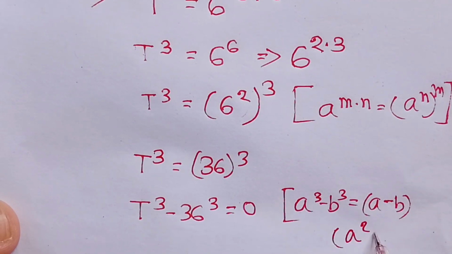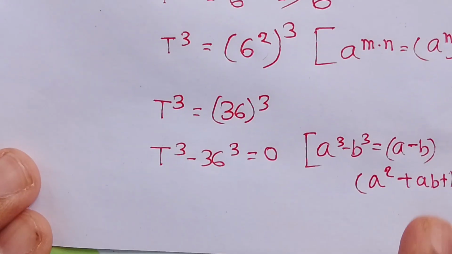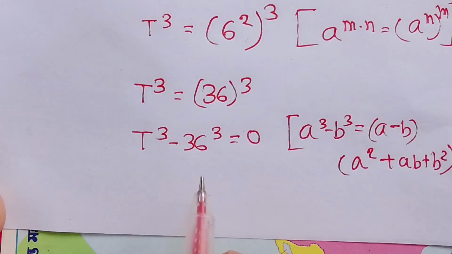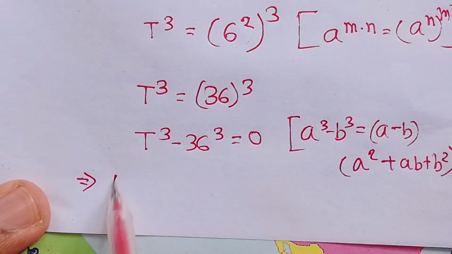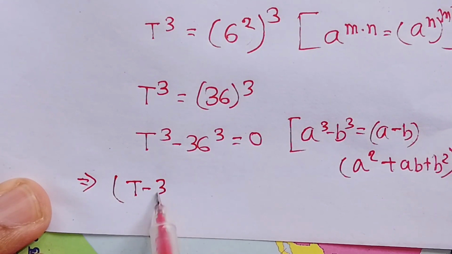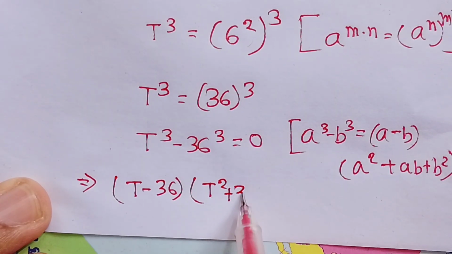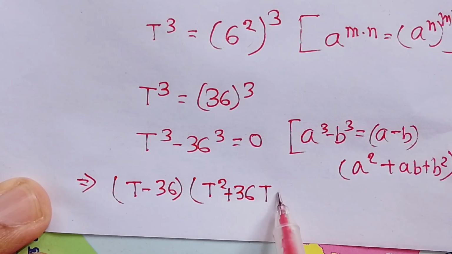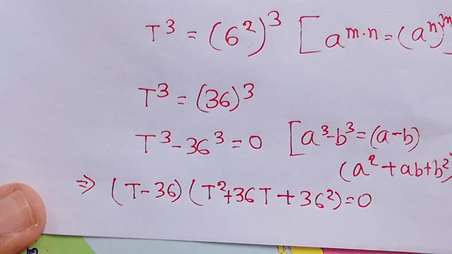So here we have to use the a cube minus b cube formula. After using this formula in this equation, it will look like t minus 36 bracket t square plus 36t plus 36 square equals 0.